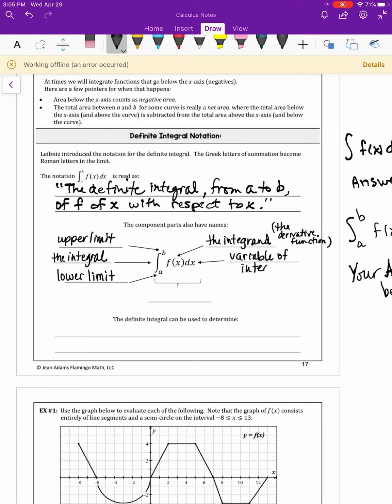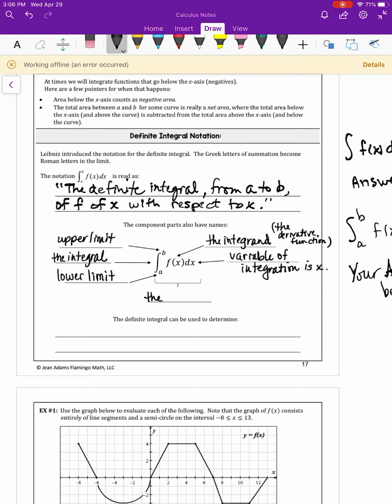dx here is the variable of integration. That's what you're integrating with respect to. So the variable of integration is x for this one. It could have dy, it could have dt. If it had dy, your variable of integration would be y.